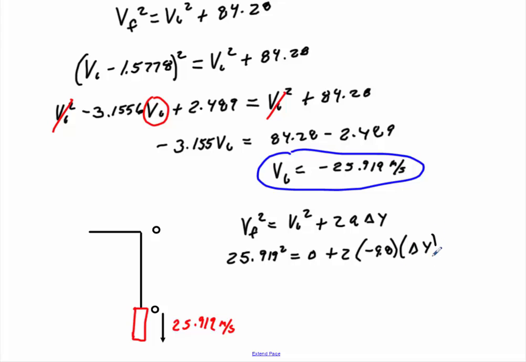Solve for delta y, and it's going to give you a displacement of negative 34.276 meters. So our answer from the top of the building to the window would be 34.276 meters, and that would be your correct answer.